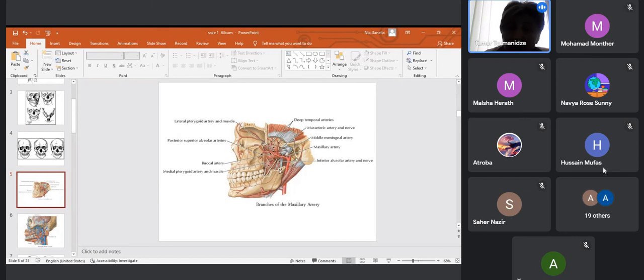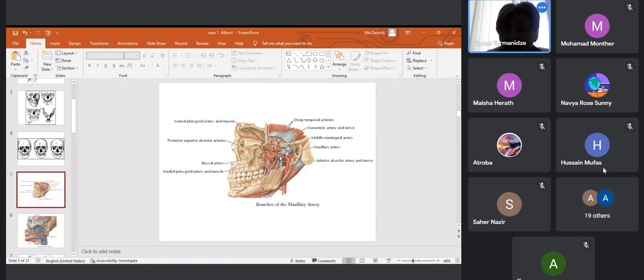The pterygoid portion of the maxillary artery is located on the pterygoid muscles. Look, this is the pterygoid portion, which gives off branches for the muscles of mastication.